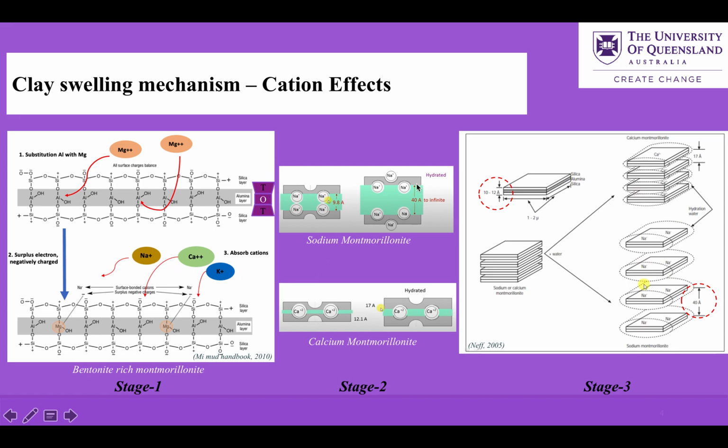Based on the type of ions attached, it's called sodium montmorillonite or calcium montmorillonite, and it's pretty evident that sodium has high hydration capacity because it has higher spacing in the interlayers compared to calcium, and therefore it's evident that calcium montmorillonite swells less compared to sodium montmorillonite.